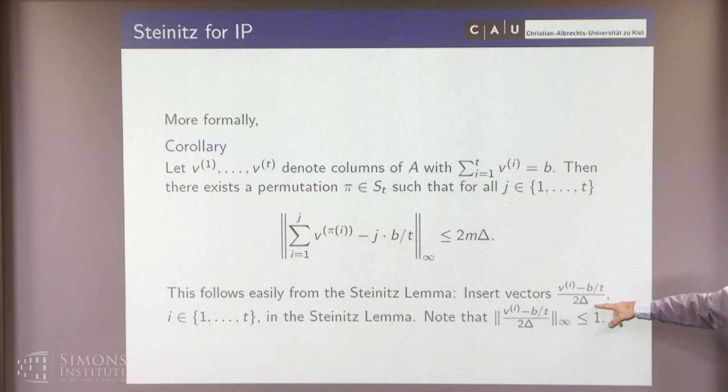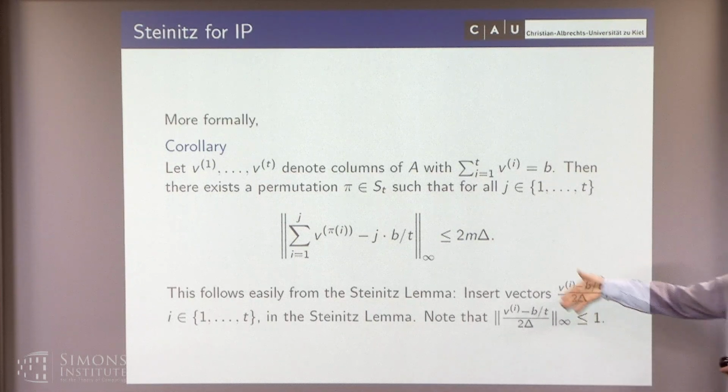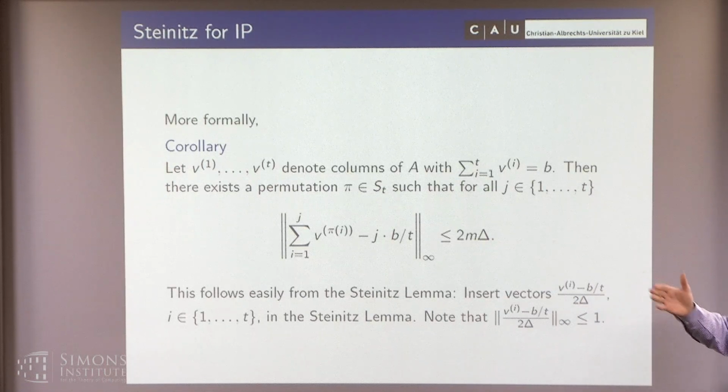Then you have to scale it by 2 delta. Why? v_i divided by delta is at most 1, and b divided by T by delta is also bounded by 1, so the norms of the vectors are at most 1 in the infinity norm. If you plug that in, that comes directly out of this. Repeated copies of each? Yeah, repeated copies. So you take your optimum solution here, and then you see directly that this works.